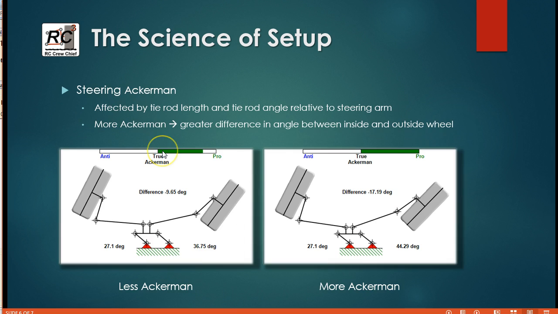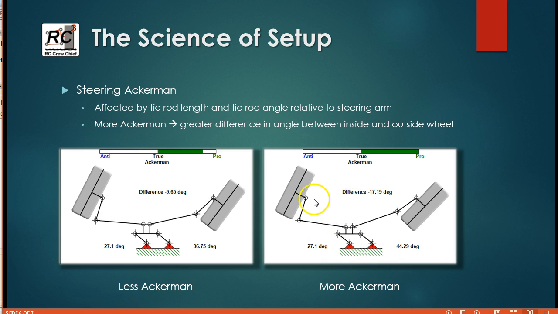Okay, last but not least, steering Ackerman. Steering Ackerman is the difference in the angle between your outside tire and your inside tire. You can see here with the settings we had in the links for this example, we have a difference of 9 degrees between the inside tire and outside tire at maximum steer angle.